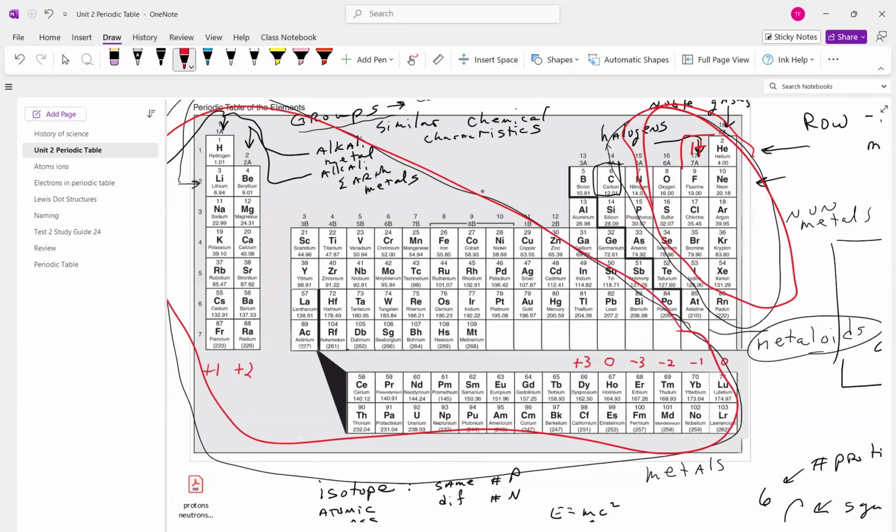Okay. And then this goes across: +1, +2, +3. Carbon group, because it's either a +4 or, as you'll see in a second, a -4. So if we go to the right, underneath fluorine, it's a -1, and it goes -2, -3, and -4.